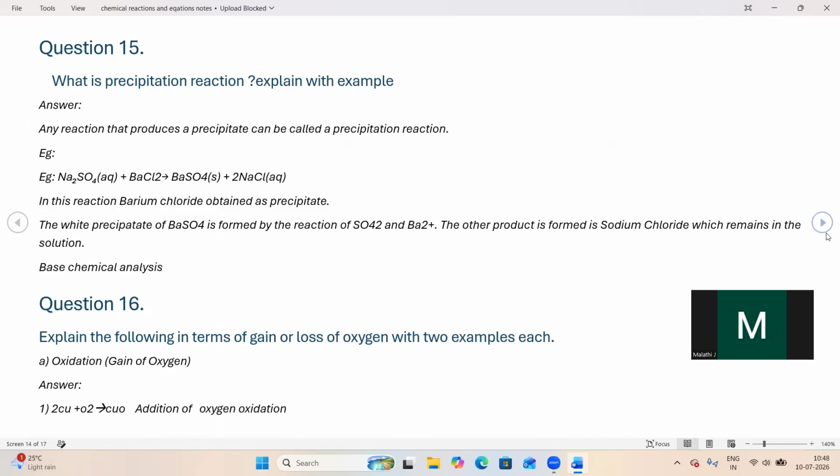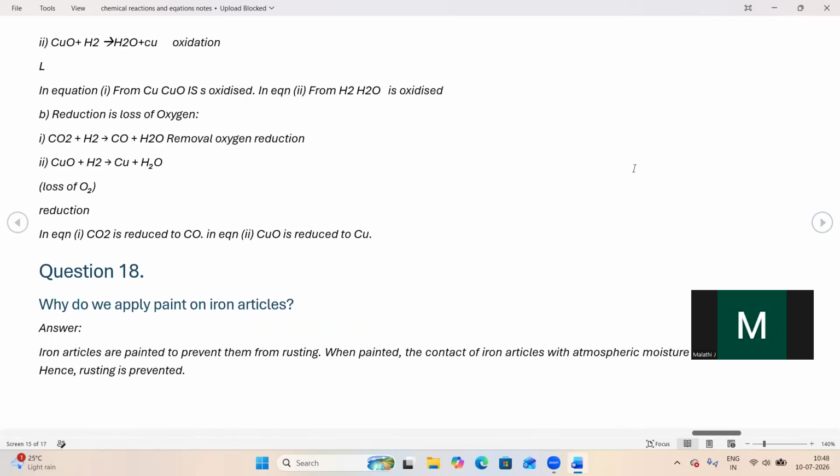Then explain the following terms: gain of oxygen and loss of oxygen. Oxidation means addition of oxygen. If Cu reacts with oxygen, it gains oxygen and becomes CuO as a product. CuO and H2 become Cu plus H2O.